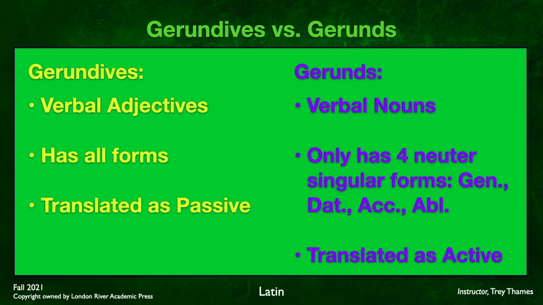All cases, nominative, genitive, dative, accusative, ablative, and singular and plural. Gerunds will only have four forms. They will have the neuter singular forms in genitive, dative, accusative, and ablative. And then the gerundives will be translated as passive, which we would normally expect since they are the passive form. However, gerunds, even though they're the passive form, will be translated as active. So that is a comparison of gerundives and gerunds.